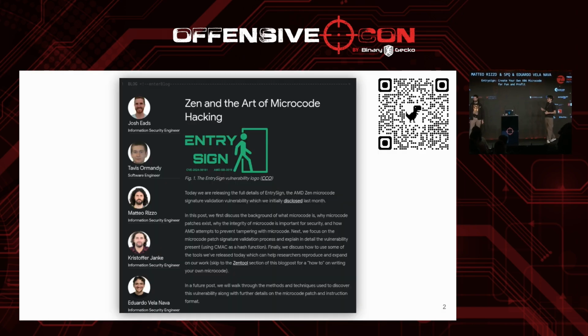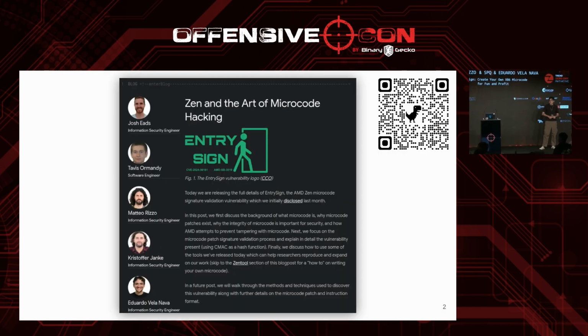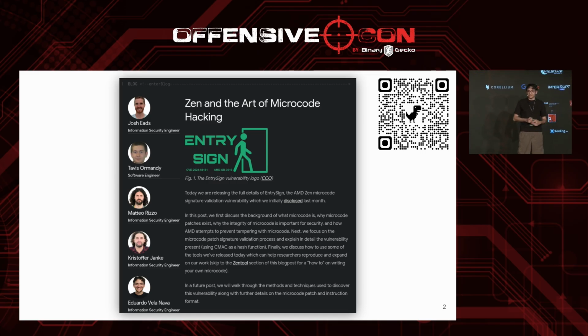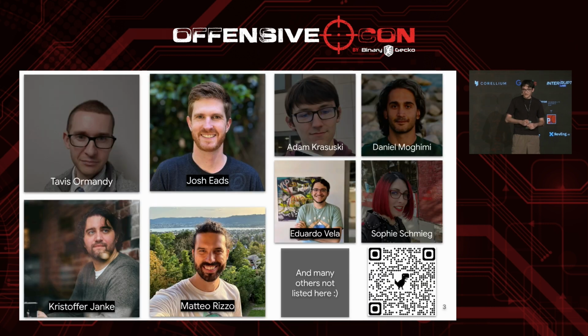This is about Entrysign. Entrysign is a security vulnerability we disclosed a couple months ago. This vulnerability allowed us to write arbitrary microcode. The first part of the presentation is going to be me explaining more or less what microcode is, why it matters, things like that. Then Josh is going to explain how everything started, how we were able to read microcode, even though we didn't know what was going on.